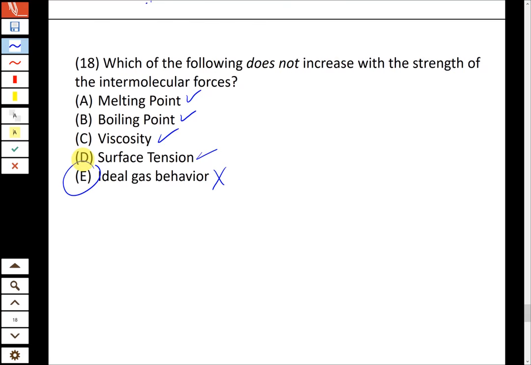In real gases there are, and if we make those intermolecular forces stronger and stronger, it's going to behave less and less like an ideal gas. In the extreme, where the intermolecular forces are really strong, it's going to behave like a liquid, because it's going to condense into the liquid phase. So as you increase the strength of the intermolecular forces in a gas, it's going to behave less and less like an ideal gas and have more deviations from the ideal gas law as a result.